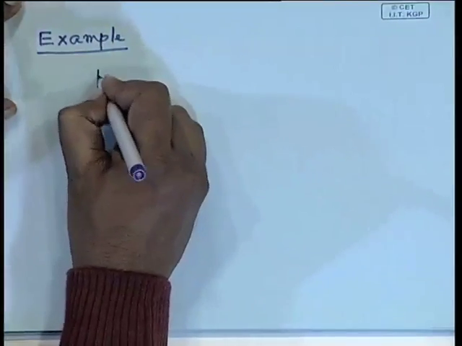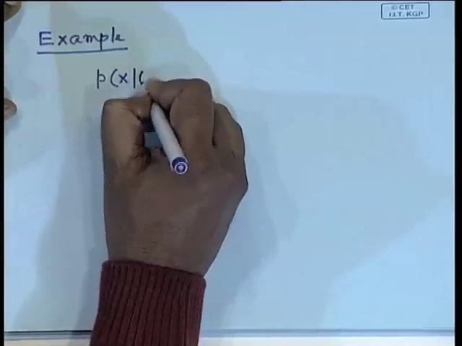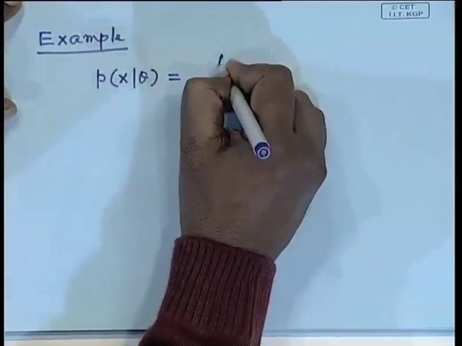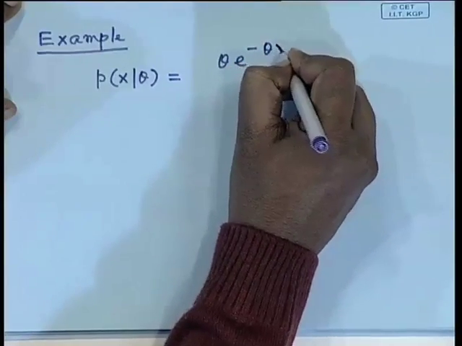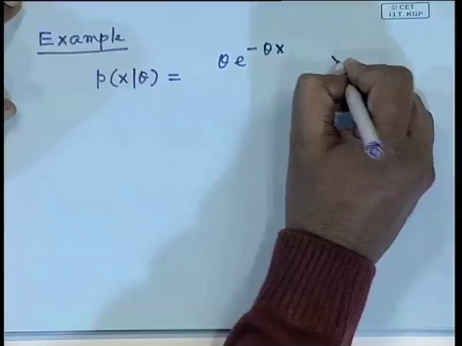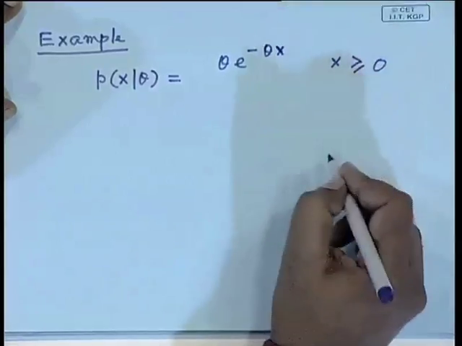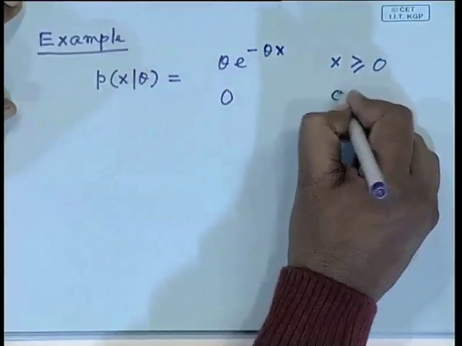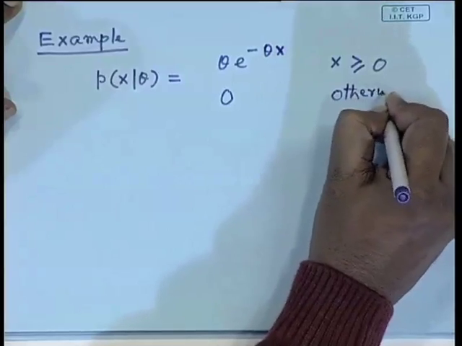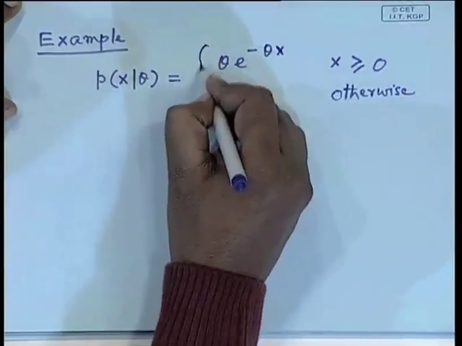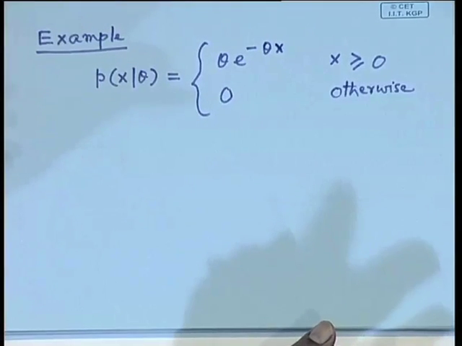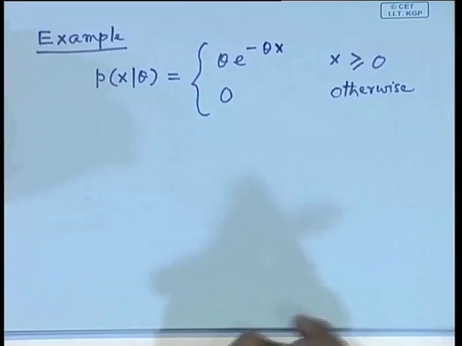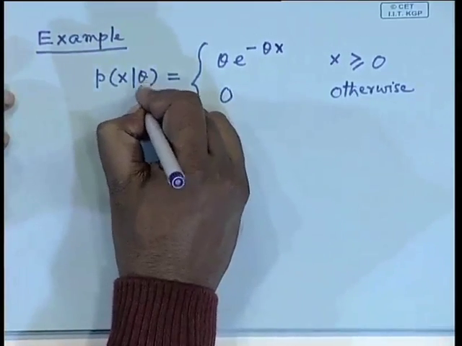I have P of x given theta, which is given by theta e to the power minus theta x, for x greater than or equal to 0, and this is equal to 0 otherwise. And suppose again we have n number of samples.